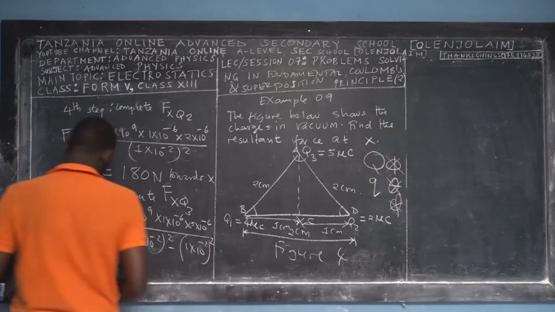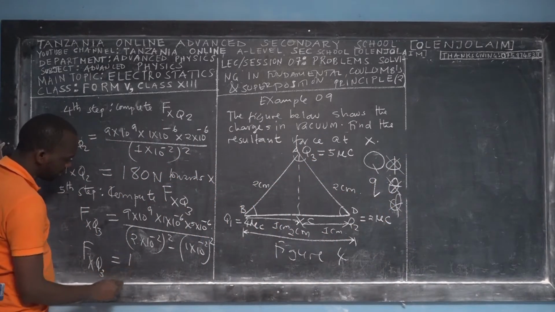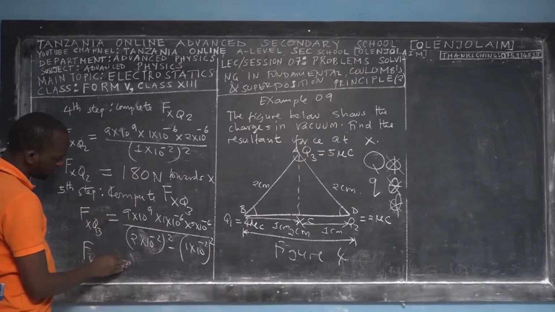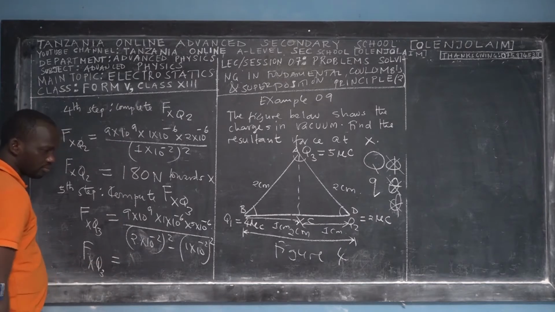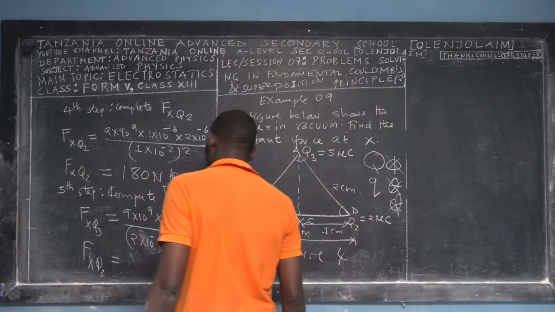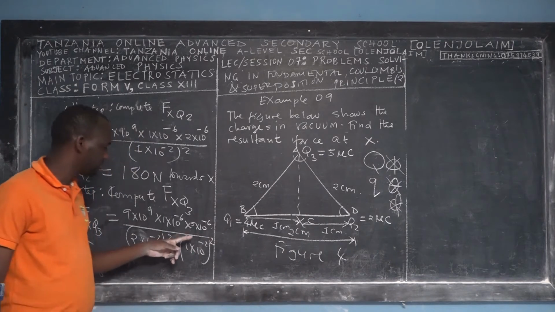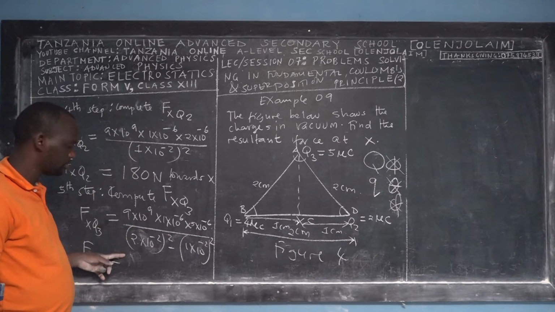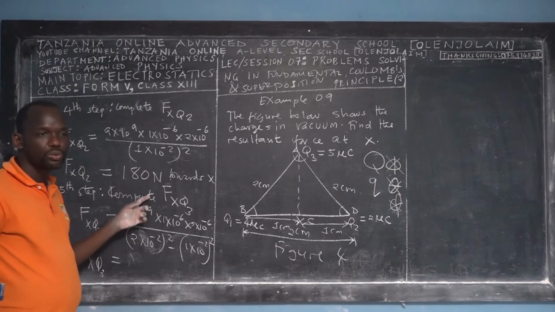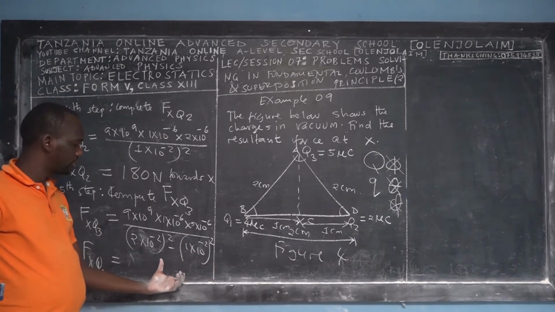Do your computation there clearly. We need the square root of this, but also here we have r squared, so the square root cancels with the square. So we just need this one.